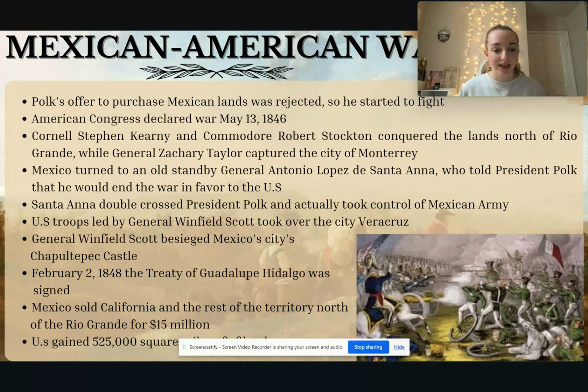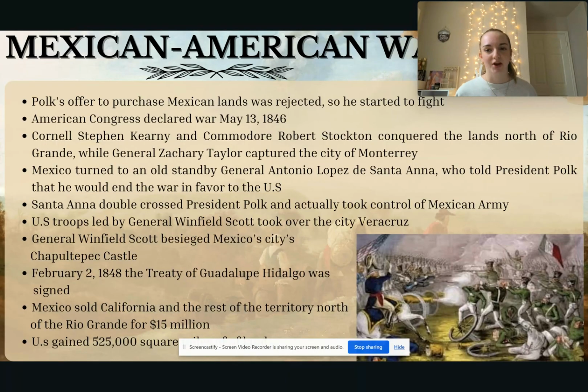And in Mexico City, they besieged Chapultepec Castle and surrounded it, and the Mexican military school cadets, they basically decided to kill themselves rather than to surrender to Americans. But after that, the Americans retreated, and basically the war was over.